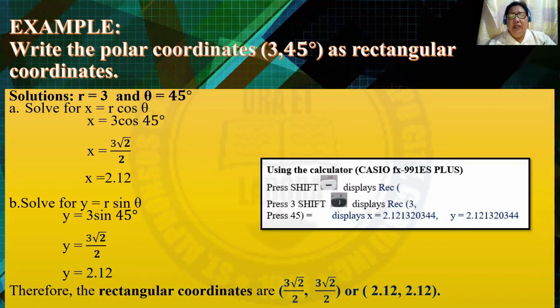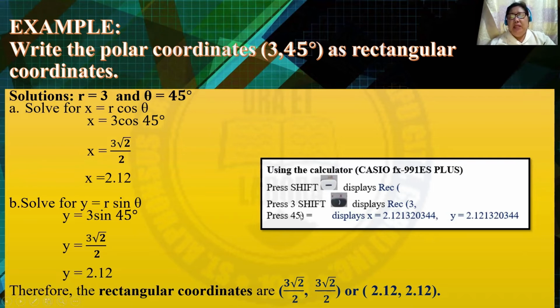So using the calculator, you can also get the rectangular coordinates. Now, these steps are based on the Casio fx-991ES Plus. Press Shift and this symbol, the minus key. Above this is the rectangular coordinate, and it will display Rec( and the open parentheses.